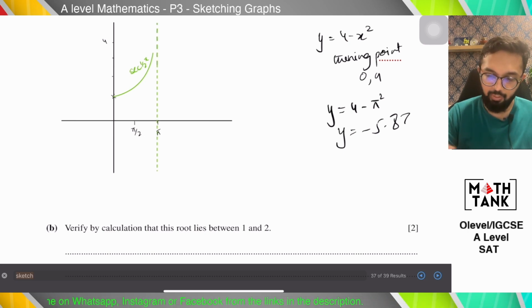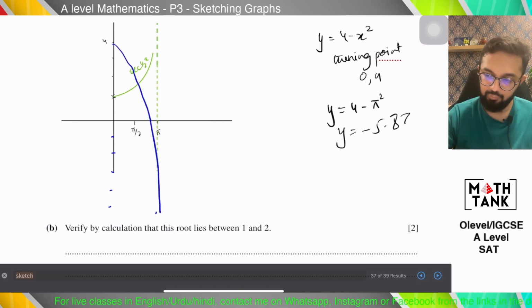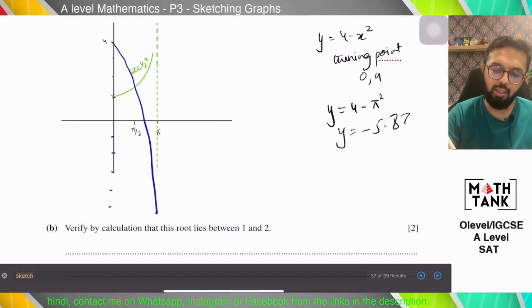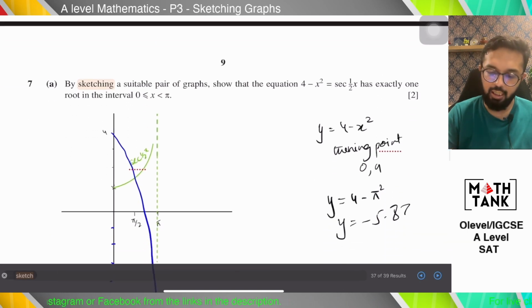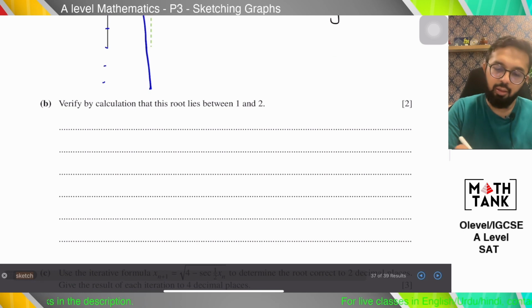My graph will go down from here, and let's say minus 1, 2, 3, 4, and 5. Okay. So my graph will look something like this. Should it be with a solid line? It can come and intersect this axis because it's technically intersecting as well. And on the other hand as well, it's going to look something like this, but I don't need to draw that. I need to draw it from 0 to pi.